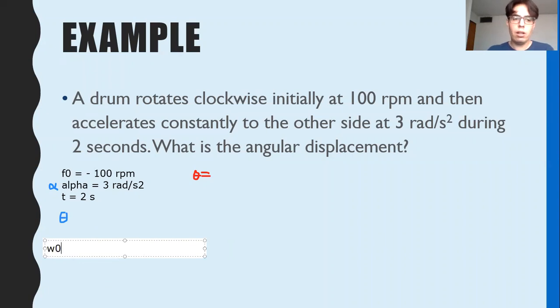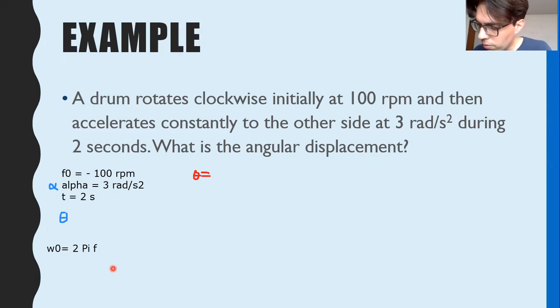Initial angular velocity is going to be equal to 2 pi times the frequency. So basically we have to multiply 2 times pi times this amount, 100 revolutions per minute, but we don't want revolutions per minute, we want revolutions per second. So first we need to divide it by 60, right? So if we divide 100 over 60, we're going to get 1.3, I think.